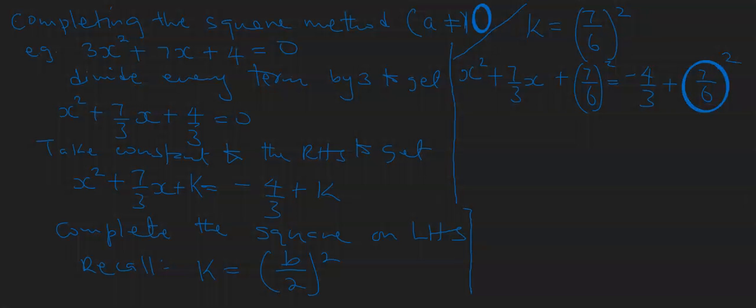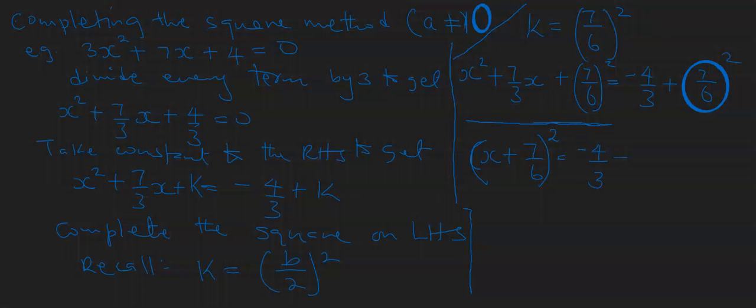Now on the left hand side, this is a perfect square of x plus 7 over 6 times x plus 7 over 6, so we simply write it as x plus 7 over 6 squared.